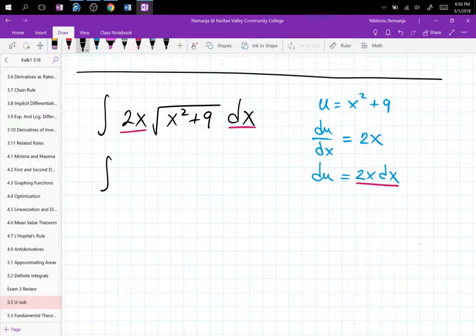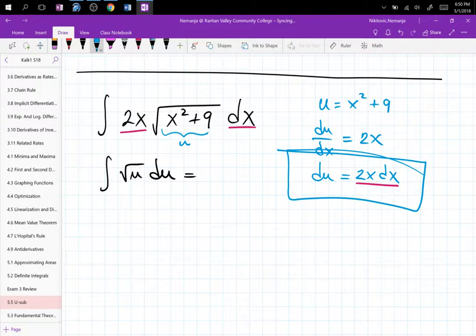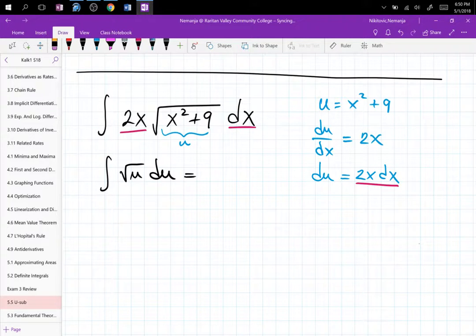So what do I have? I have the integral of root u du. Just collapsed into it. So this part over here is u, and you get square root of u. What's around is 2x dx, and that's exactly what I have here. 2x dx is du. So I'm replacing whatever is underlined red with du.